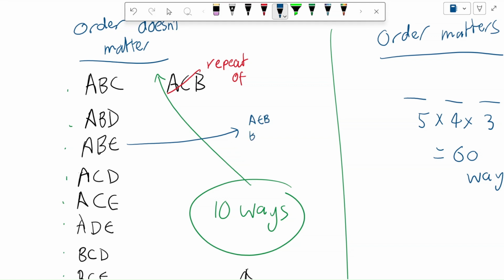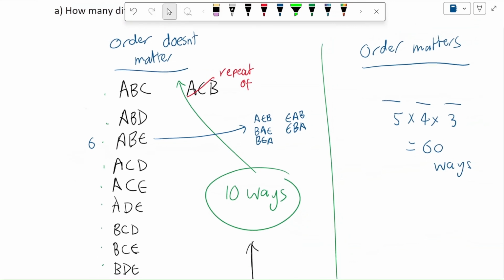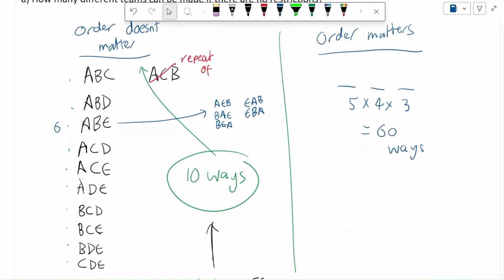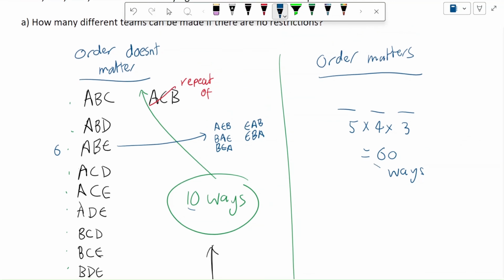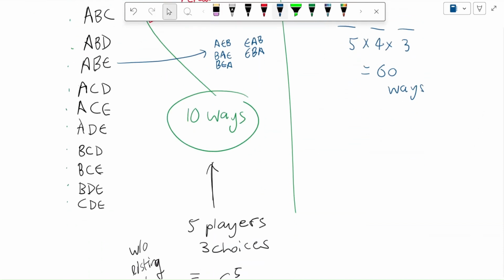AEB, there's BAE, BEA, and then there's EAB and EBA. And then also the original one. So you'll notice that for each one, there's 6 different ways you can rearrange it. And that's why for each of these 10 ways, if you make order matter, then it blows up to 60 ways. Because each of those 10 gives you 6 rearrangements.